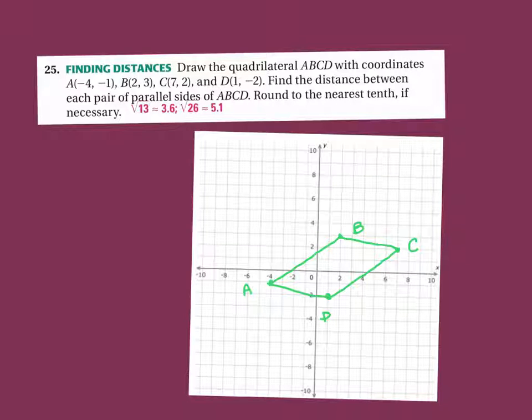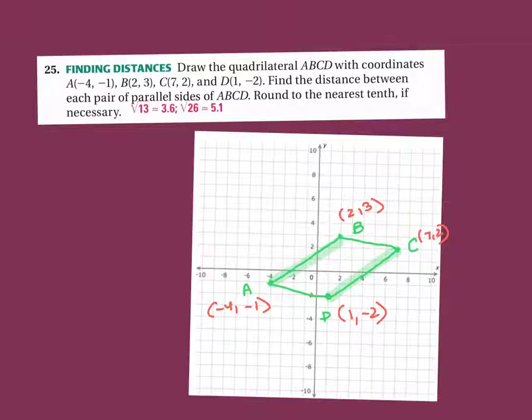Okay, so to figure out which sides are parallel, I would need to know the slopes of the lines. So if I do the slope of this line and this line first, let me label these points. A (-4, -1), B (2, 3), C (7, 2), D (1, -2). I can either plug those points in, or I can actually count rise over run.